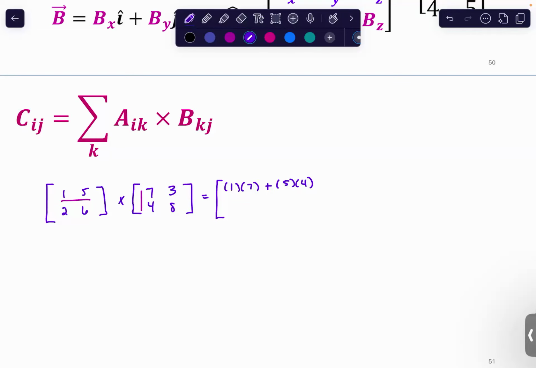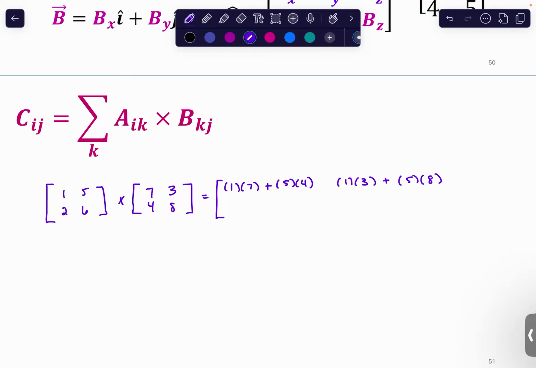So it takes a bit to connect what we're doing to the equation itself. After a while, it just becomes second nature. Your next position is, oh, that's not 2, 2, that's your C1, 2, row 1, column 2. So row 1, column 2 is going to be 1 times 3 plus 5 times 8.